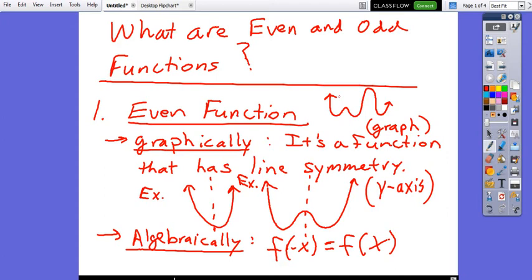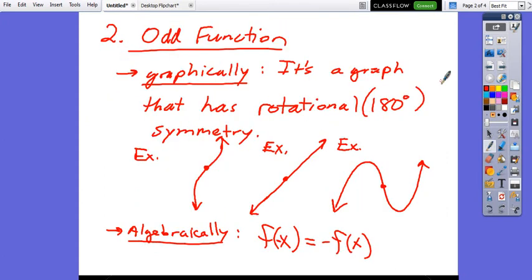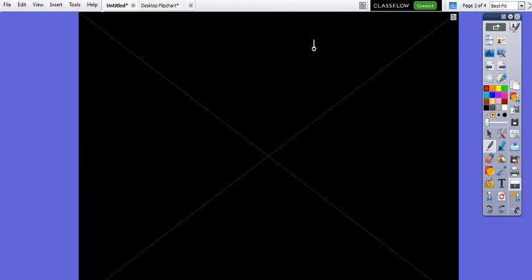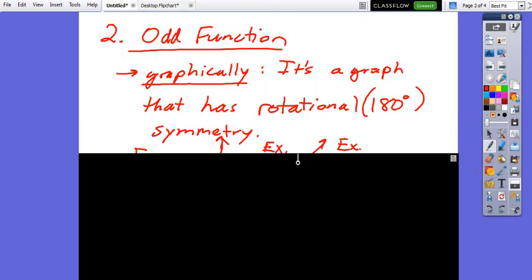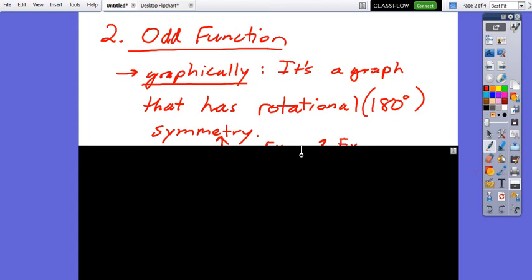All right, the next thing that we're going to look at is an odd function. An odd function, graphically speaking, is a graph that has rotational or 180-degree symmetry. We saw the quadratic and absolute value functions were even. That means of our wall of functions, some of these are probably odd. Some of them may be neither.